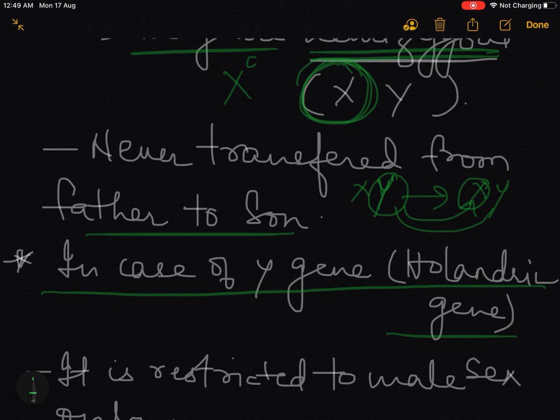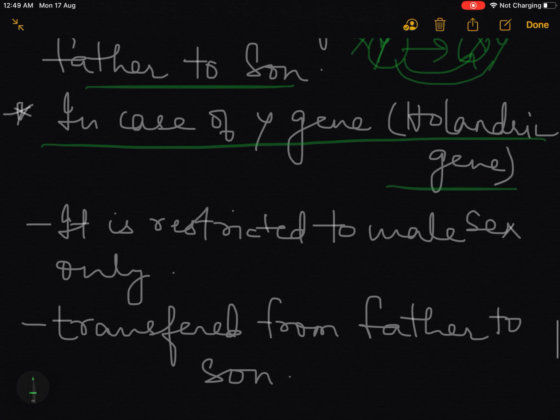Now, in the case of the Y gene, which is called the Hollandric gene, why is it called that? Because the Y gene is only present in males, and if it has any defective gene on it, it will pass that on to the son also.